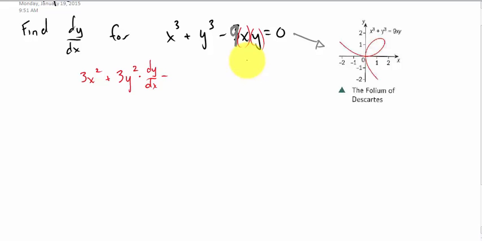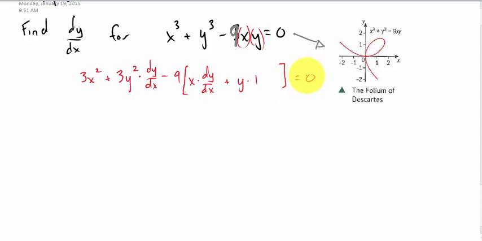We have x times y, two functions. I'm going to just pull this 9 out front. It's a constant, I don't have to leave it attached to the x or to the y. Now it's first times derivative of second plus second times derivative of first.